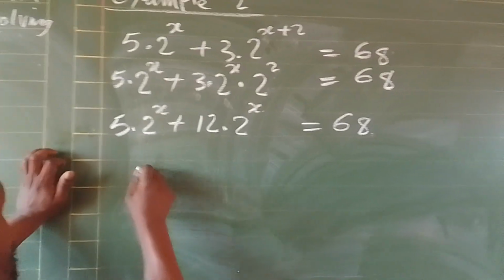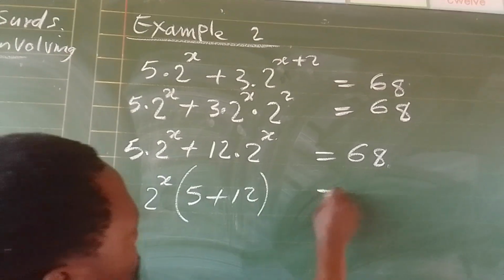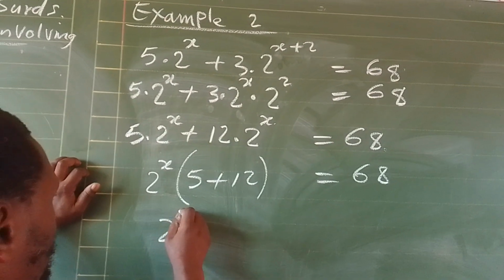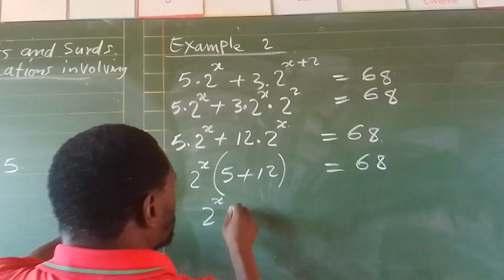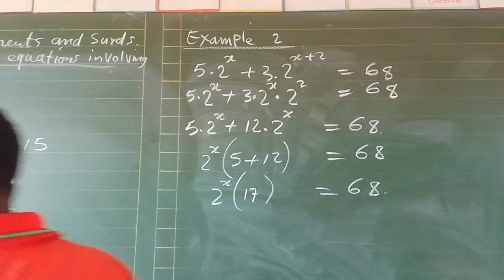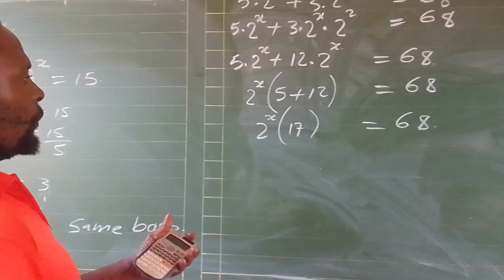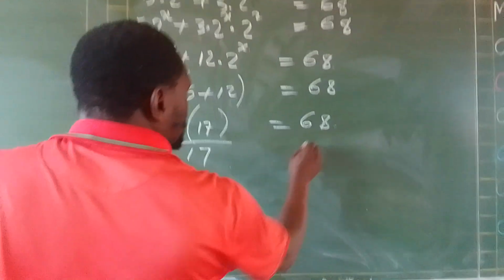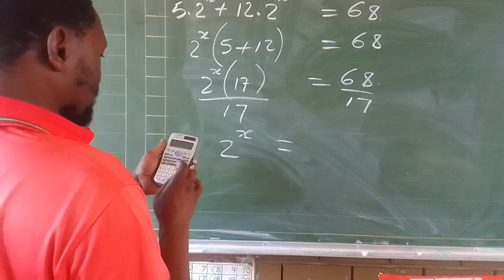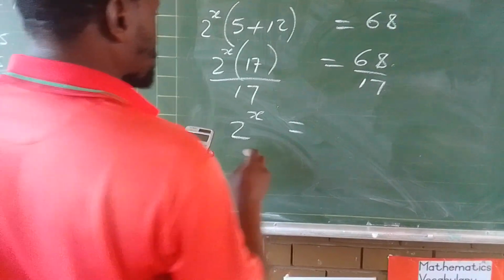Now we can take the common factor of 2 to the power x: 5 plus 12 is multiplied by 2 to the power x equals 68. Grab your calculator; you are allowed to use the calculator at this point. So you divide by 17. You are left with 2 to the power x is equals to 68 divided by 17, and you get 4.